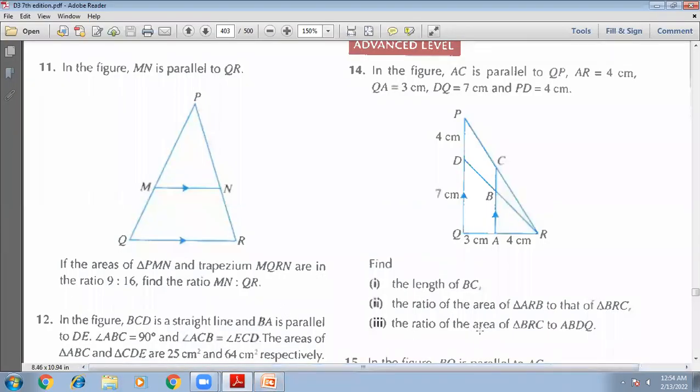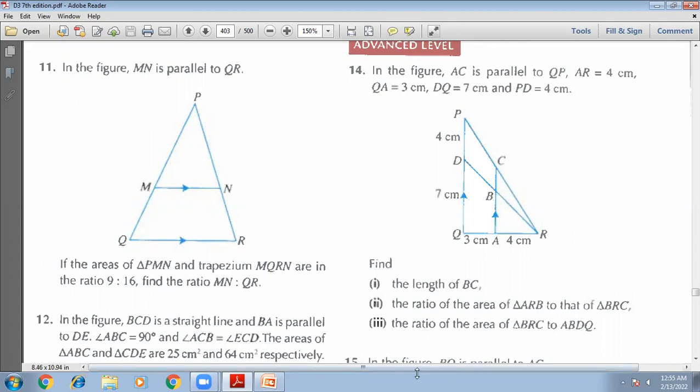Okay, the third part is the ratio of the areas of the triangle BRC and the trapezium. They're talking about the trapezium ABDQ. So they want you to find the ratio of this with this.